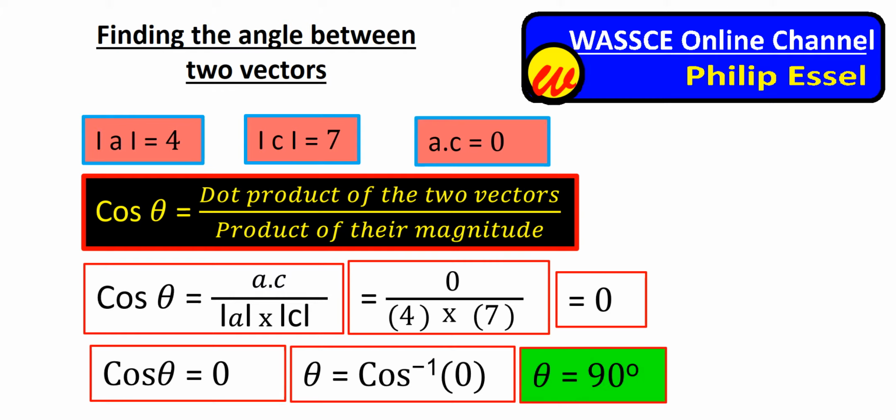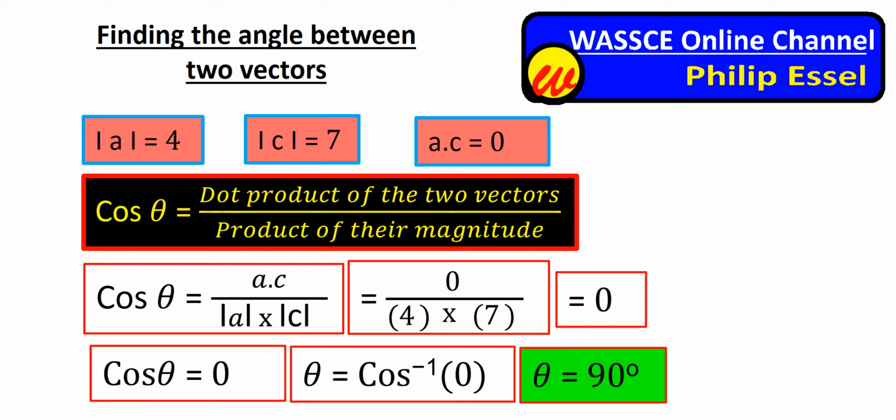When you punch this into the calculator, our theta will be equal to 90 degrees. So what this means is that the angle between the two vectors A and C is equal to 90 degrees, which also means that the two vectors are perpendicular to each other. I believe you enjoyed this.